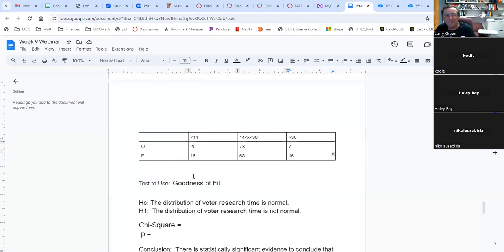So this is a very easy test for normal distribution, but there are more sophisticated tests, which they call the Kolmogorov test for normality. You don't have to know that for this class, but you might hear it someday in another class when you go to university.